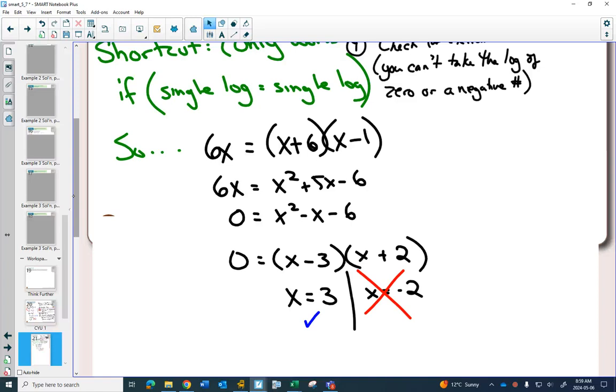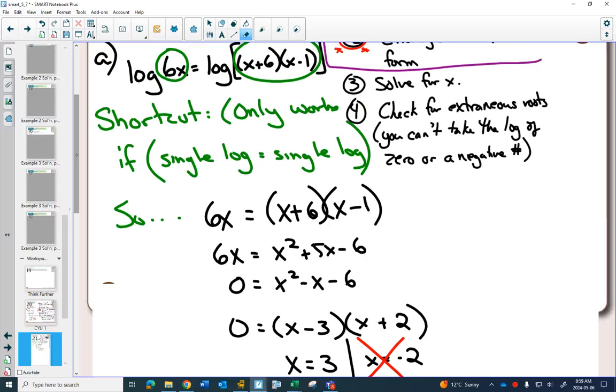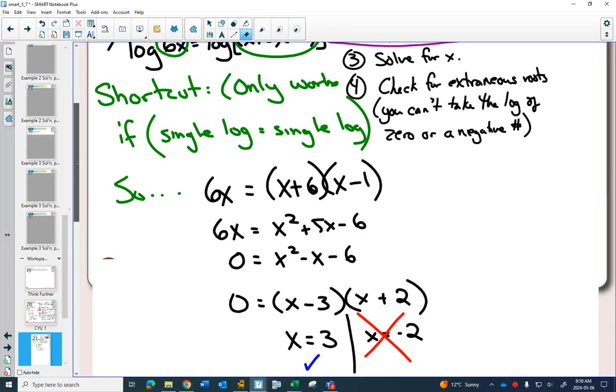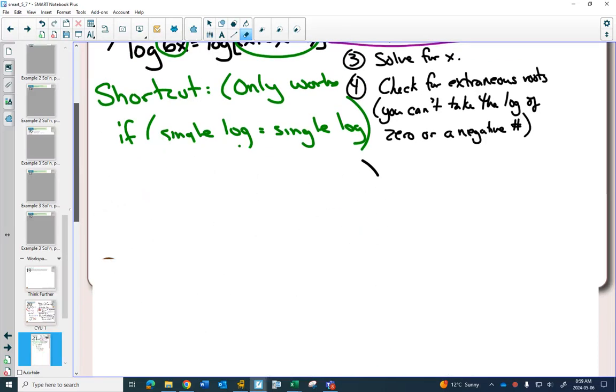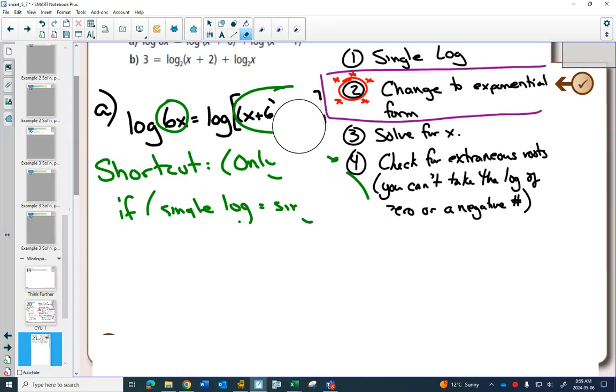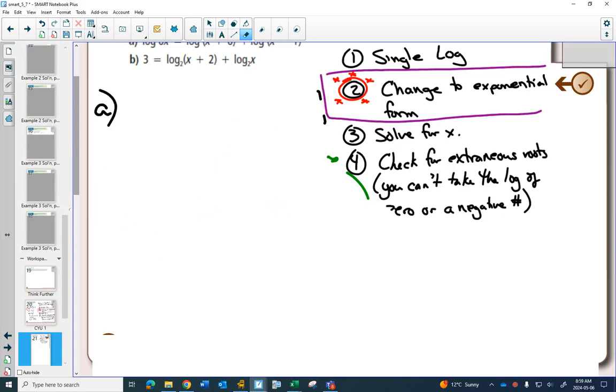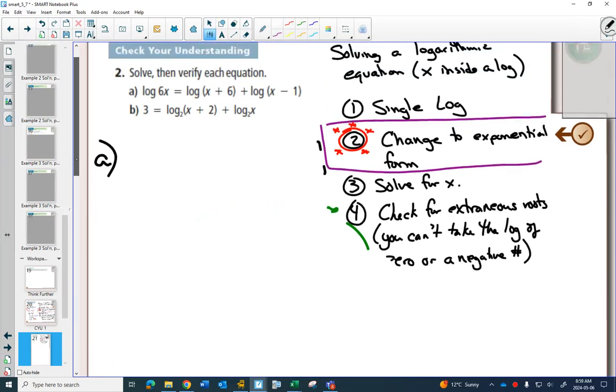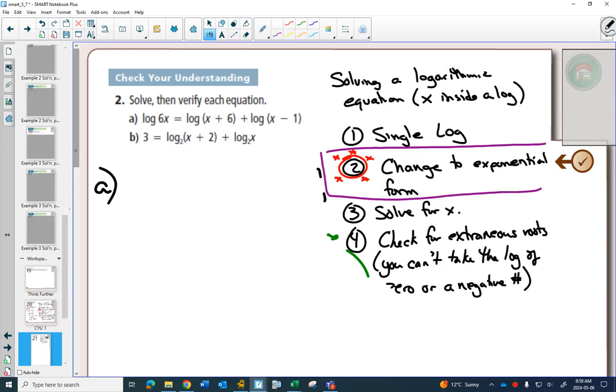Okay? So now I'm going to go back and not do the shortcut for this one. So I'm going to erase this answer, because some people don't like shortcuts. So if I was doing this and I wanted to use the steps and I wanted a single logarithm, the very first thing I would do is put all of my logarithms on one side.